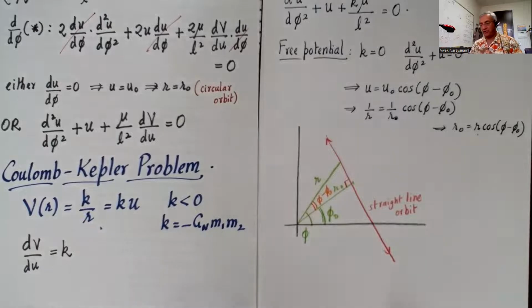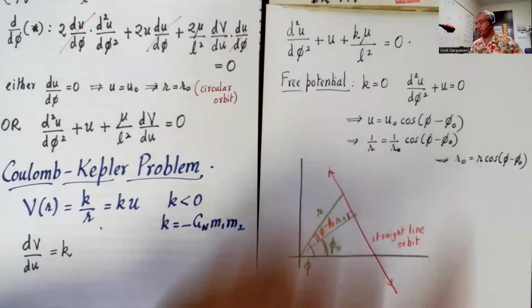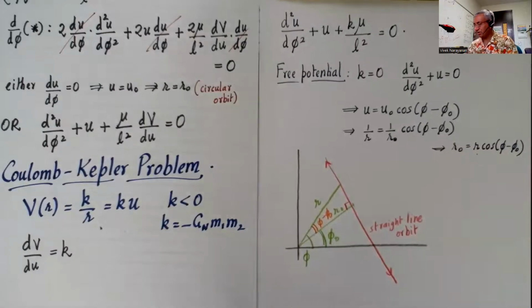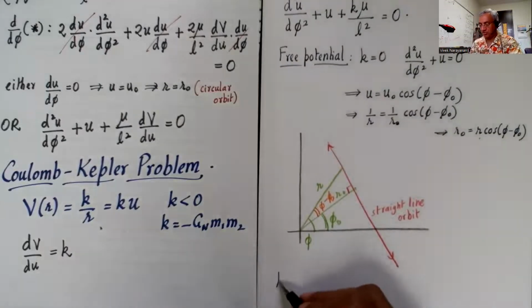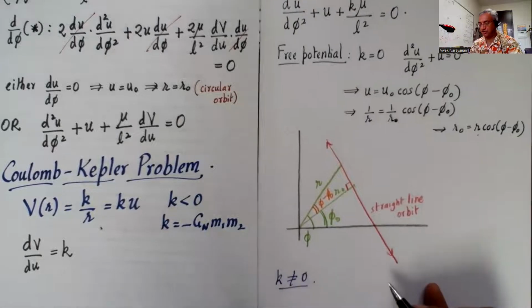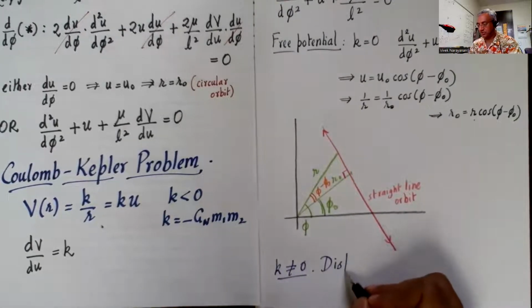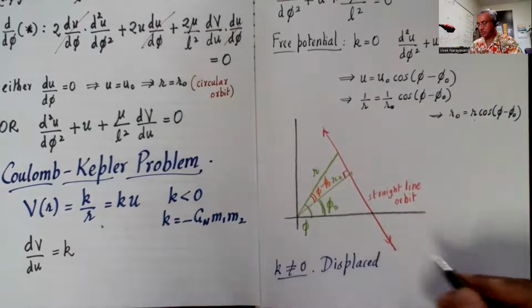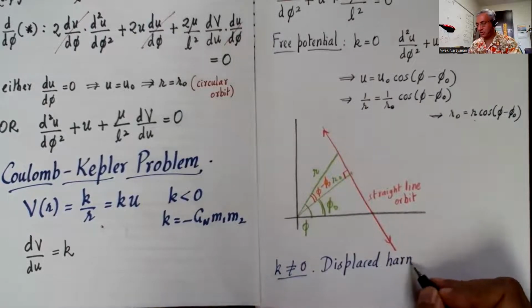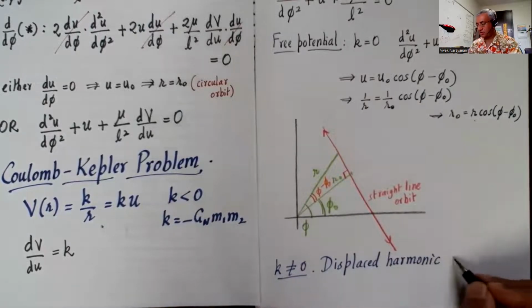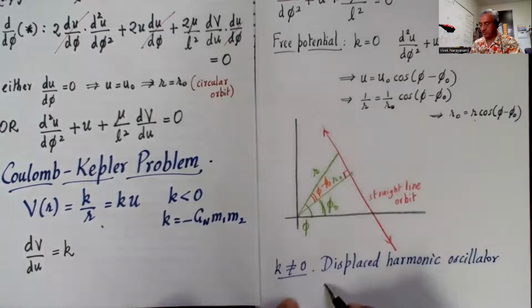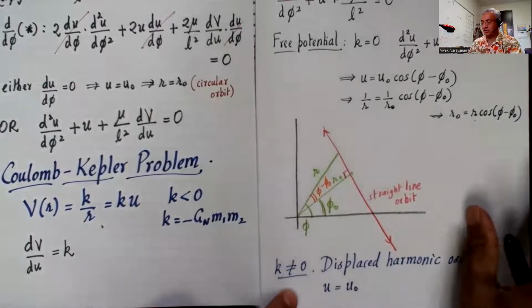If the potential is not free, you'll just have an additional term. So that solution is known as a displaced harmonic oscillator. K not equal to 0 is called a displaced harmonic oscillator. And the solution, as you can readily verify, you just have to add the particular solution to it.